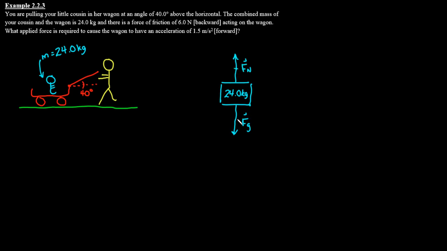And those two are going to be equal but opposite to each other. Next, I'm going to draw my horizontal in here, and we know we have our applied force up in this direction that is being applied at an angle of 40 degrees.